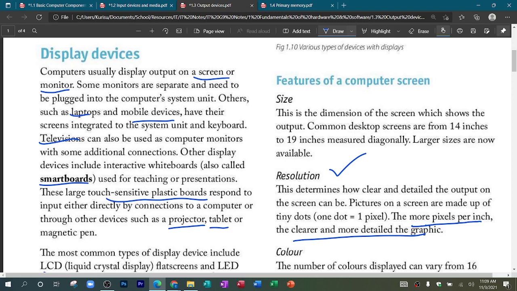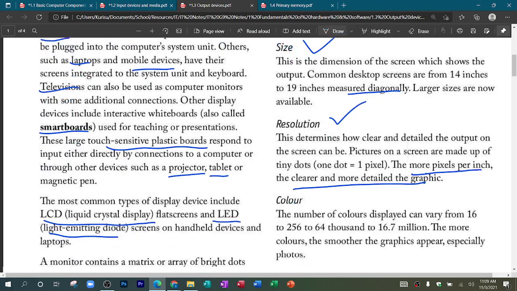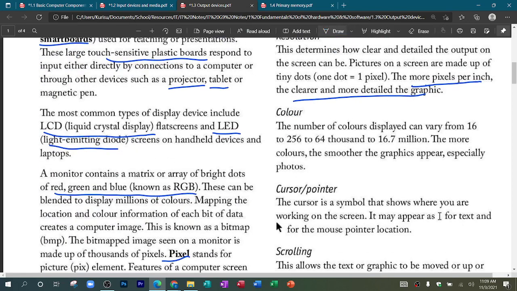So what are the features of a display or a computer screen that you should remember? You should remember the size. How do you measure the size? You measure it diagonally from top left to bottom right, or top right to bottom left. We just spoke about the resolution, and the color, how much color a display can output basically: 16 different colors, 64 different colors, thousands of different colors, millions of different colors.